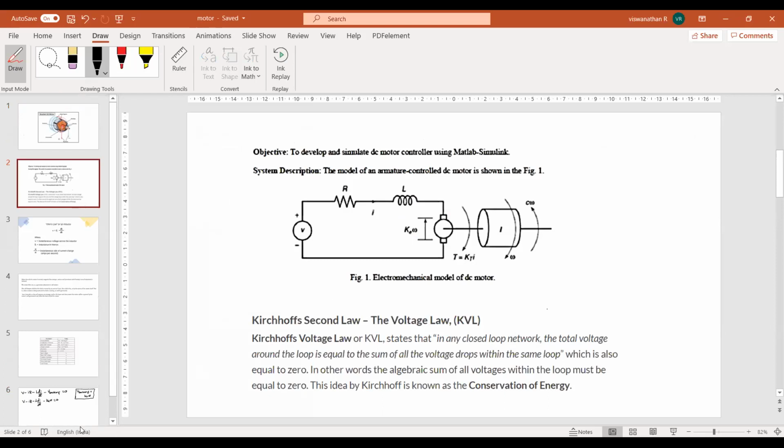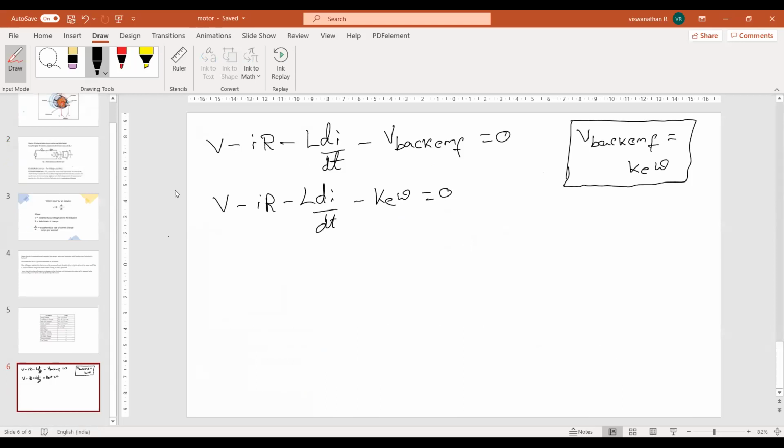For the mechanical part, I use Newton's second law. So what is Newton's second law?